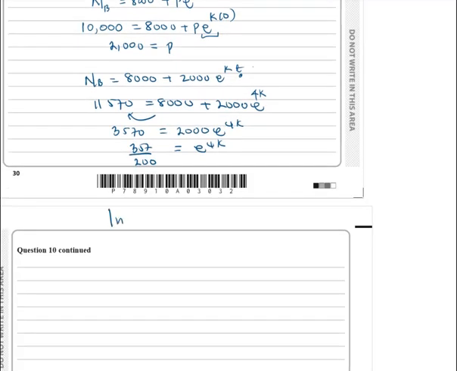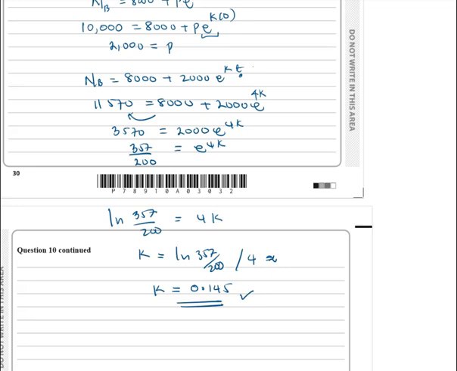So ln of 357 over 200 is equal to 4K. So you can see the value of K is ln of 357 over 200 divided by 4, and K is going to be equal to 0.145. Here I've rounded it already. When you press here, you can get the actual big number. This one is already rounded.